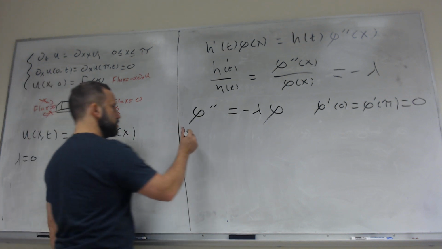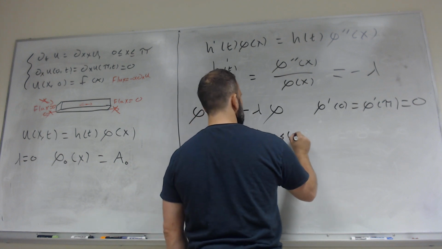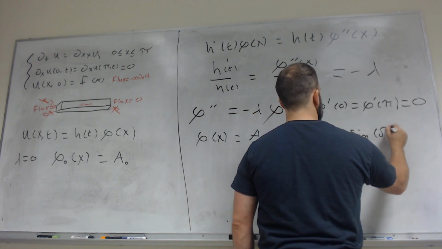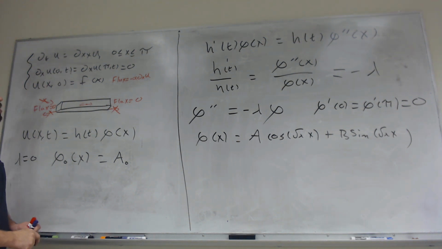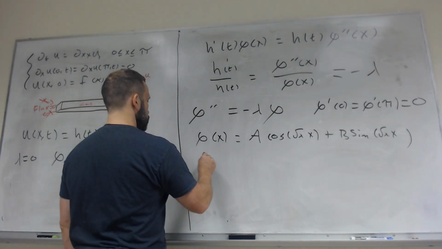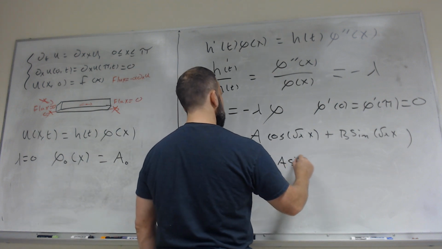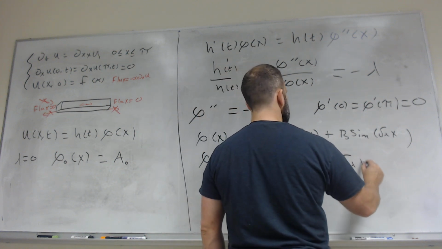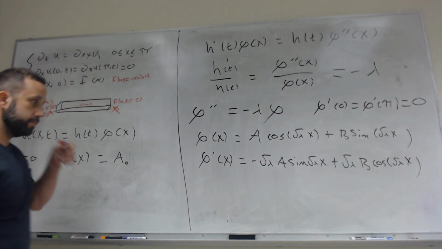Otherwise, the general solution to this equation is going to be a cosine of square root of lambda x plus b sine of square root of lambda x. Now my boundary conditions are about the derivative, so I need to find the derivative first. phi prime of x is minus square root of lambda a sine of square root of lambda x plus square root of lambda b cosine of square root of lambda x.